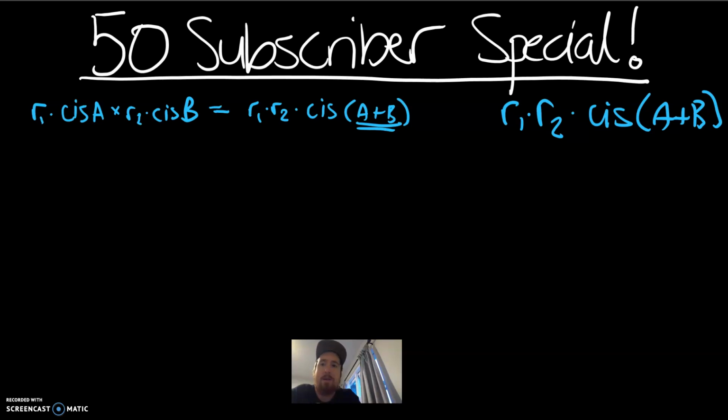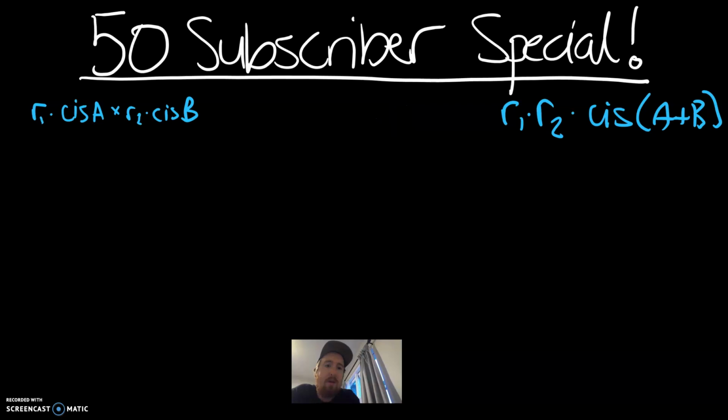So let's quickly erase that part there, and below that, I'm going to start my manipulation. The first thing is I'm looking to change the cis parts of these into the expanded or bigger form.